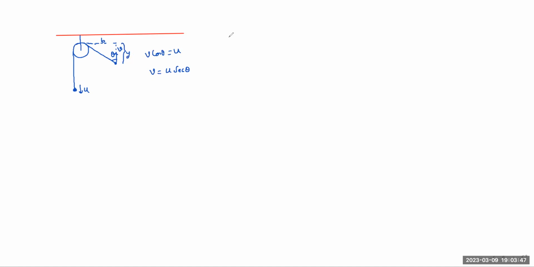So tan theta is how much? d by y. So y is how much? d cot theta. So what we do is we differentiate, because to find the acceleration, you simply differentiate the velocity. So dv by dt is how much? u, minus cosec square theta, sec theta tan theta into this, right?